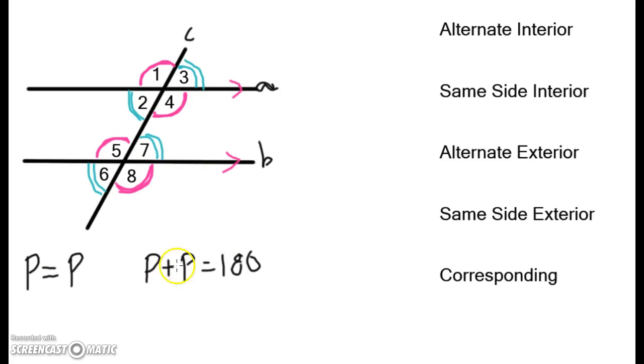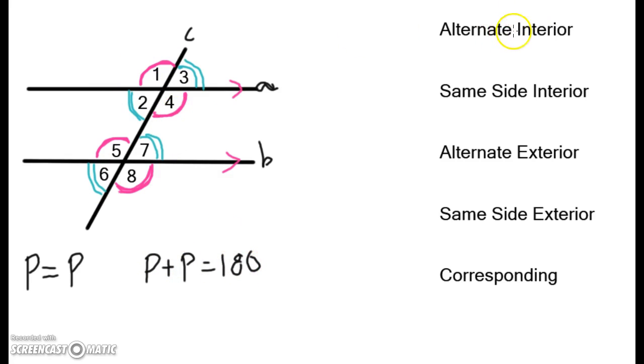Now, if the angle pair that you're looking at has one pink angle, like 1, and one blue angle, like 6, obviously they can't be piece equals piece. A wide angle, an obtuse angle, and a skinny angle, an acute angle, can't be equal to each other. So it would be piece plus piece makes 180. That's when this other equation comes into play.